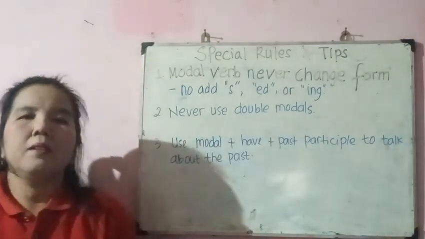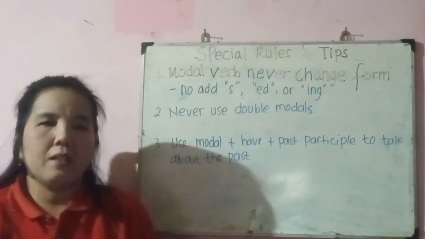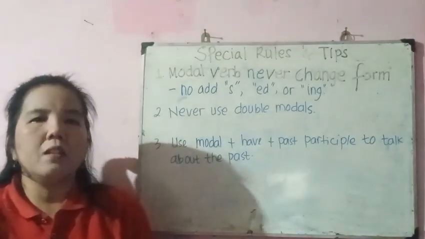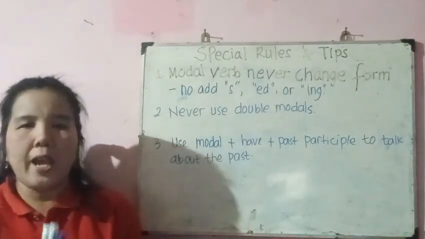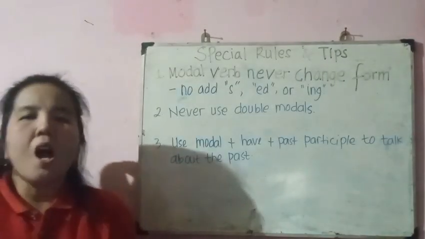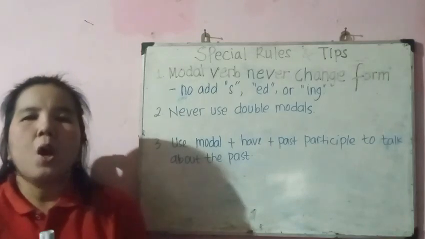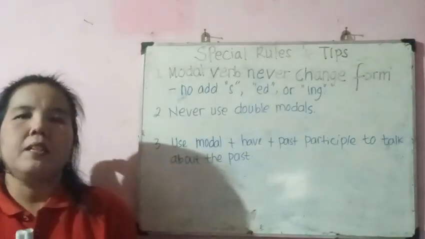For example, "she cans speak English" is incorrect. The correct sentence is "she can speak English" without s. And whether the subject is I, you, he, or they, the modal stays exactly the same.